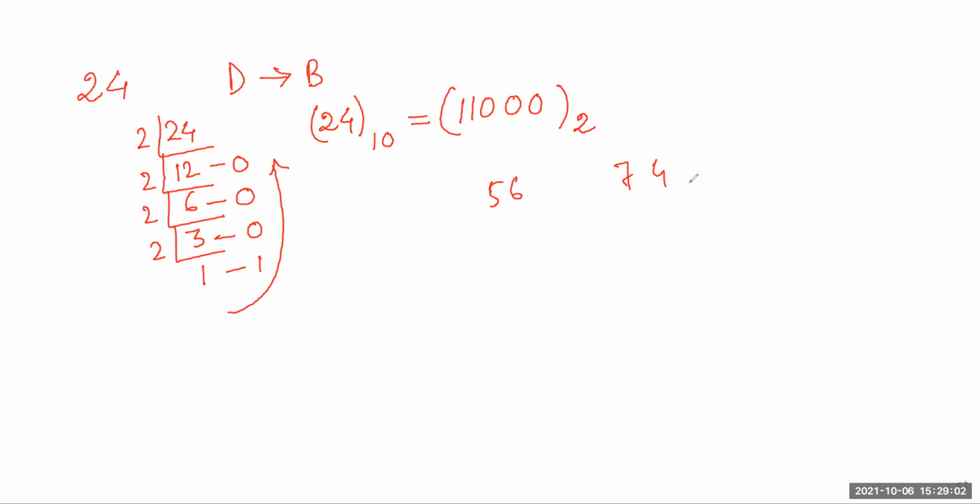hurry up, tell me. Sir, for 56, 111, 000, कितना? 111, 000 for 56. 56 का 111 000 Yes, sir. Yes, sir. और 74 का करो.